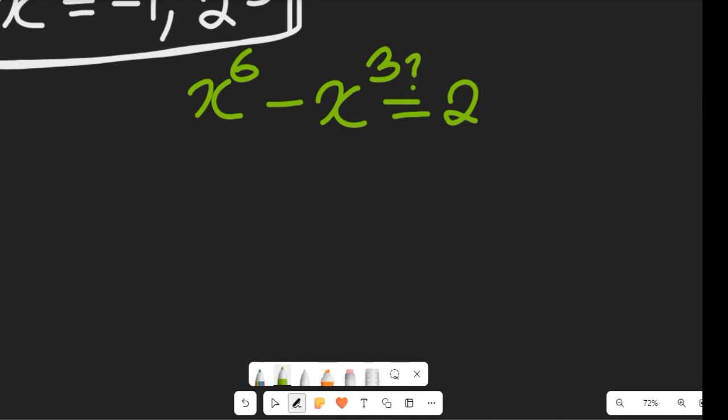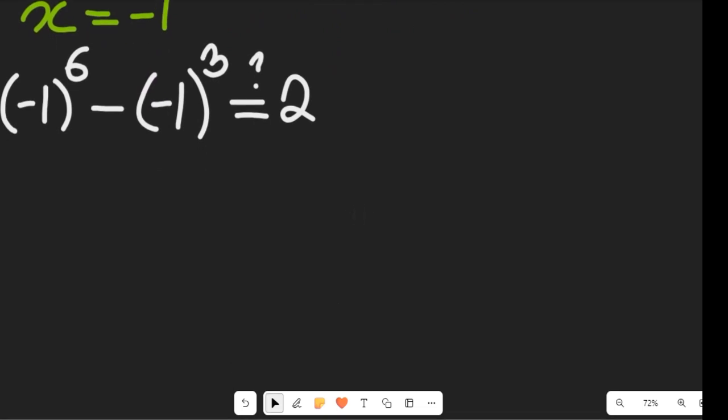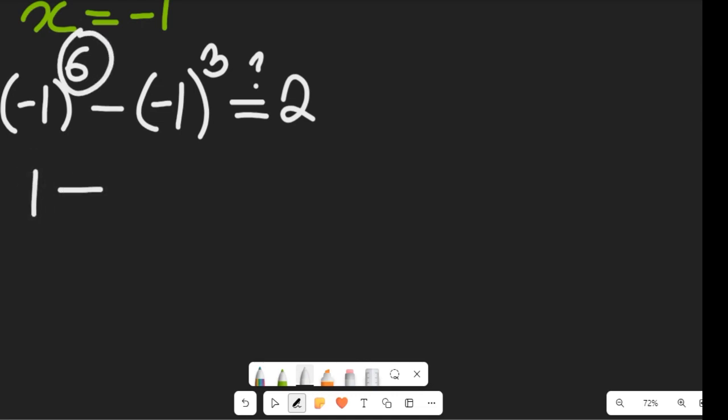Let's use the first expression with our x equal to -1. X being equal to -1, we're going to have this to be -1 all to the power of 6 minus -1 all to the power of 3. Will this be equal to 2? Let's test it out. Since the power over here is even, this will be positive, minus the power here is odd, and this is going to give us a -1.